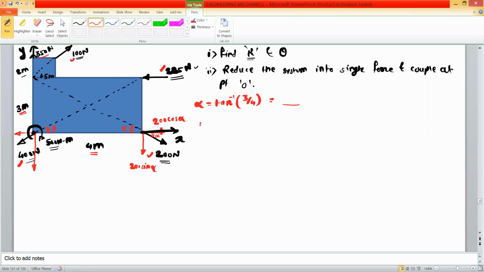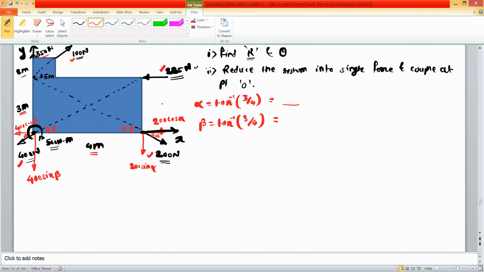We can find beta as tan inverse, with opposite side 3 and adjacent 4, so again it is 3 by 4. That means it is the same angle as alpha. So the y component will be 400 sin beta and the x component will be 400 cos beta.